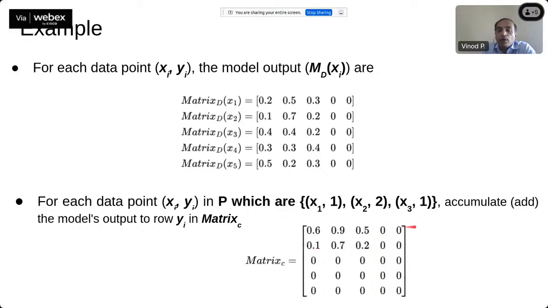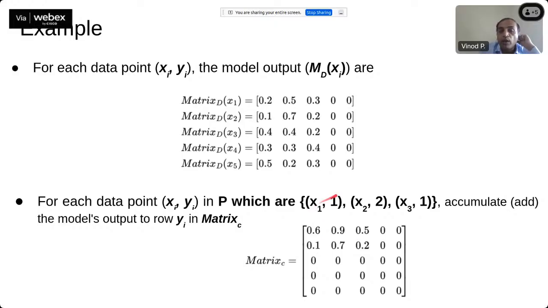Row number 1 belongs to class 1, row number 2 belongs to class 2, row number 5 belongs to class 5. Since X2 belongs to class 2, I will copy the prediction probabilities of X2 into this matrix, which are 0, 0.1, 0, 0.7, 0, 0.2.